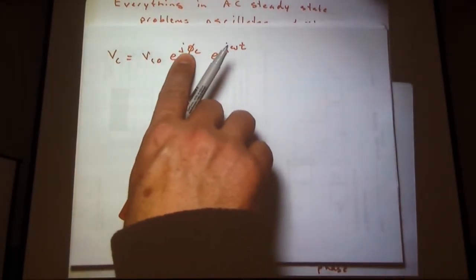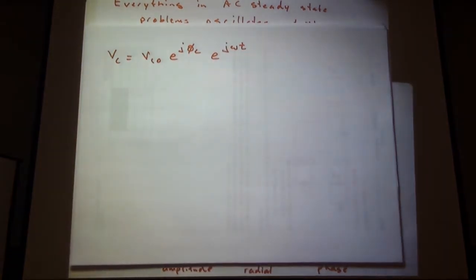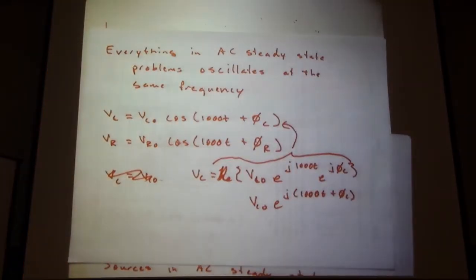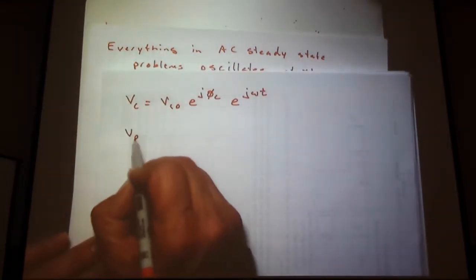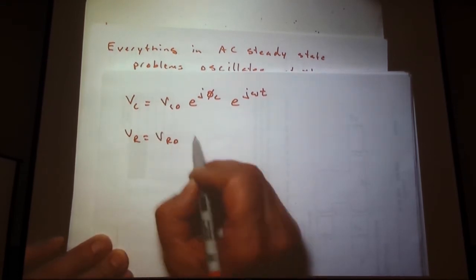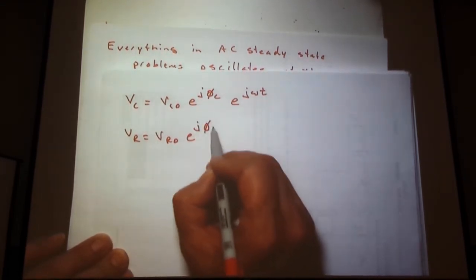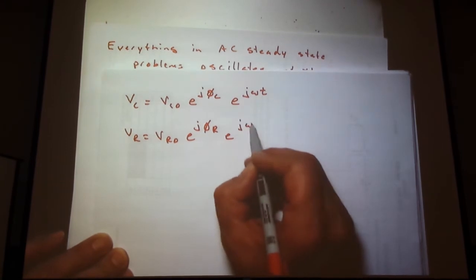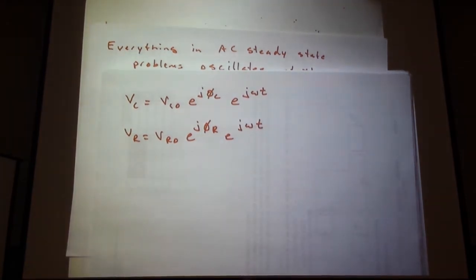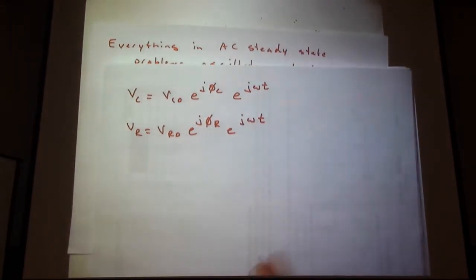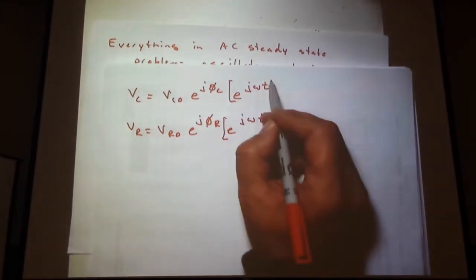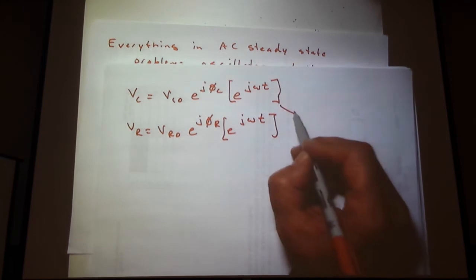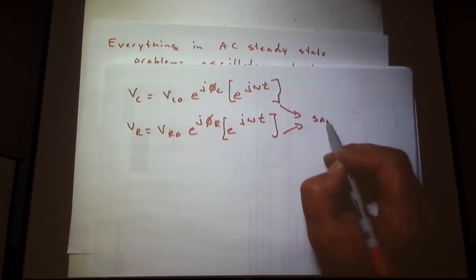Our phase is different. We said that when we looked at the resistance, different phase, different amplitude. We could write VR the same way, VR naught e to the j phi r, times e to the j omega t. This term is the same for every expression.